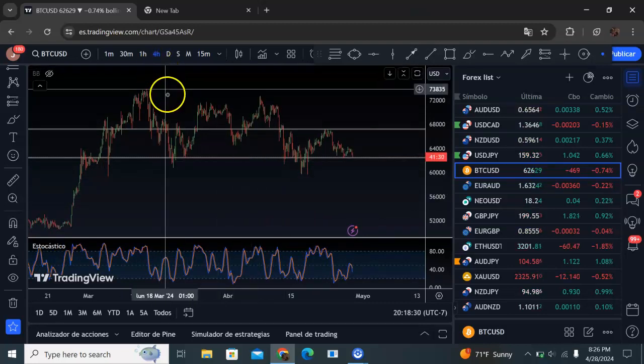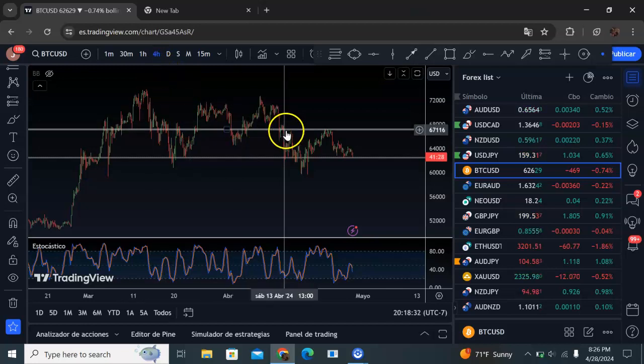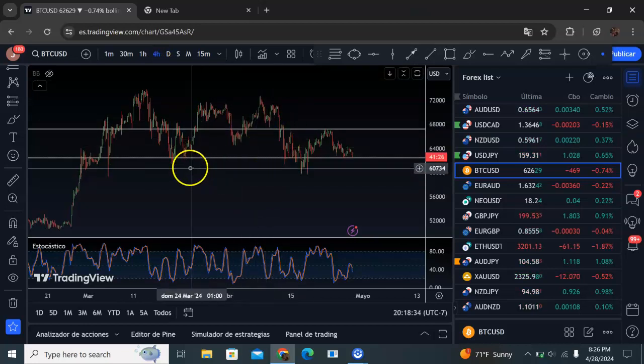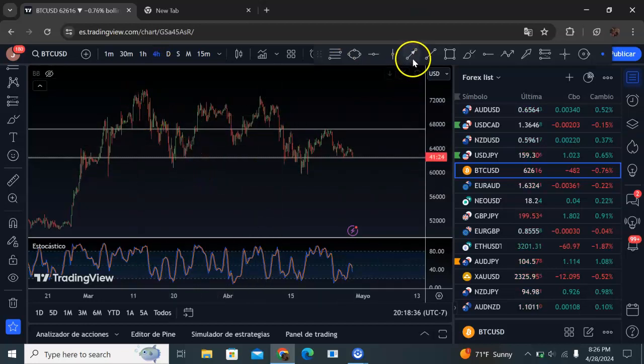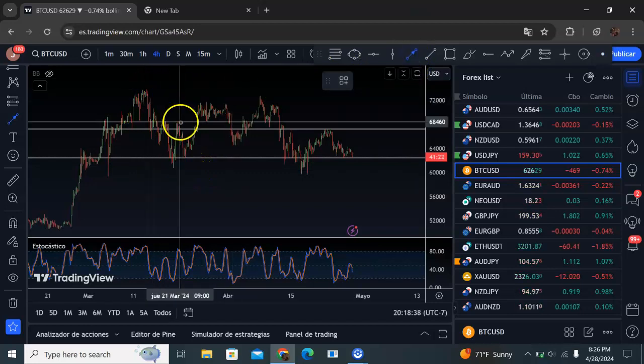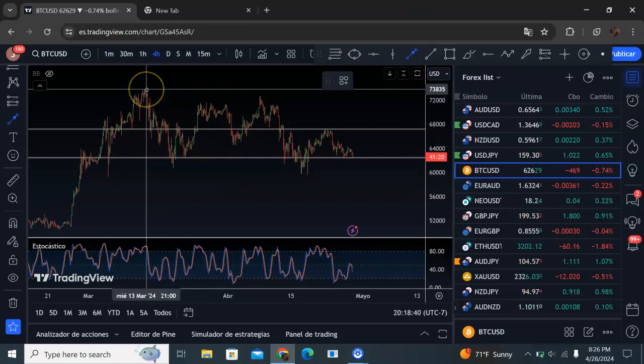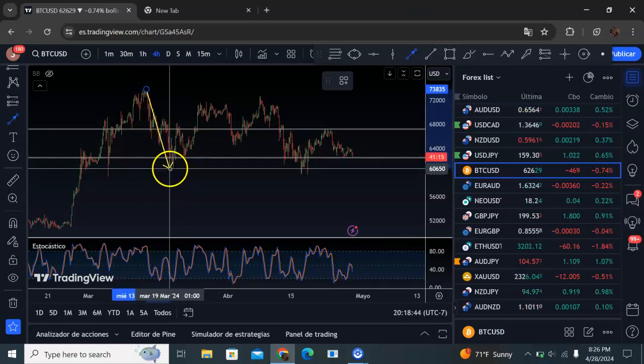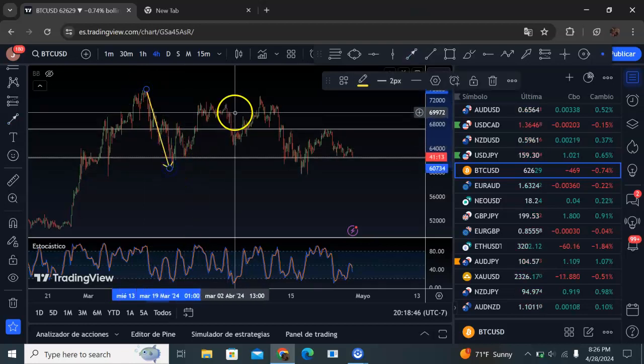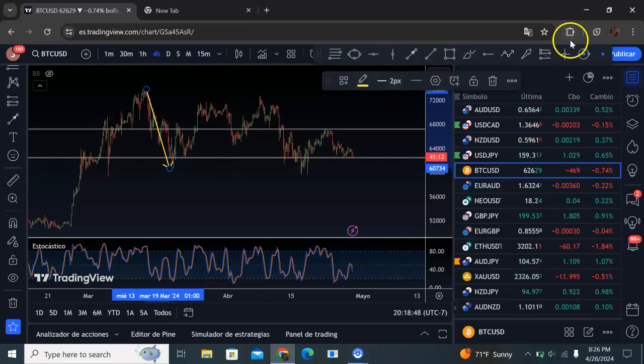Let's say you go to 4 hours right there. I'm always going to look for the last broken structure, and if I do a quick analysis right here, that's my high at this point. I go to here, we got this right there. Let me use this arrow right here.